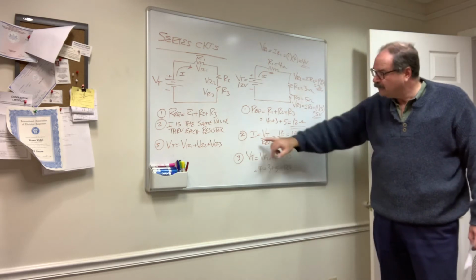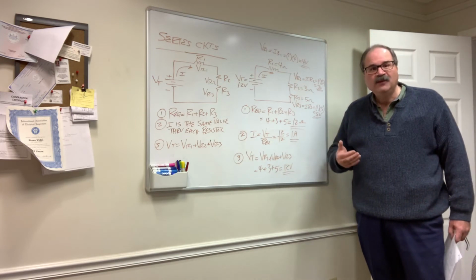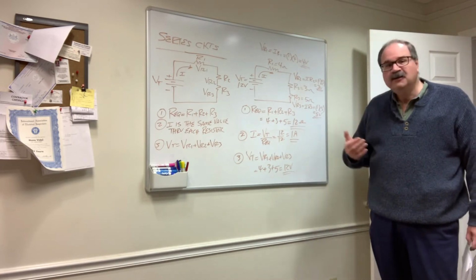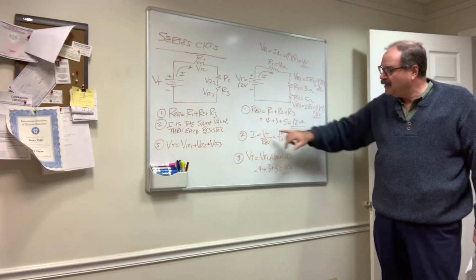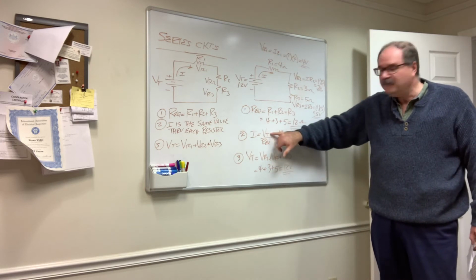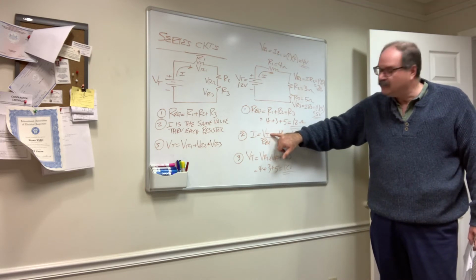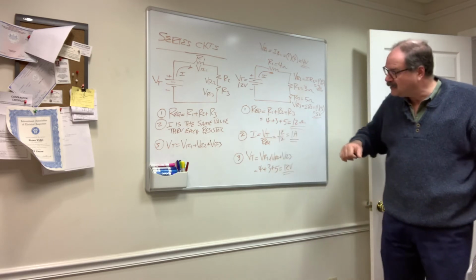Step 2, using Ohm's law, I'm going to calculate what the current in the circuit is. But remember, in a series circuit, the current is the same value through each of these resistors. So I is equal to V divided by R, specifically V sub T, which is the supply or the total voltage, divided by that equivalent R, Req, that we just got.